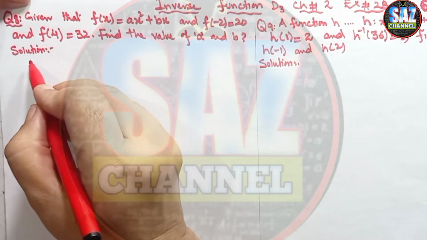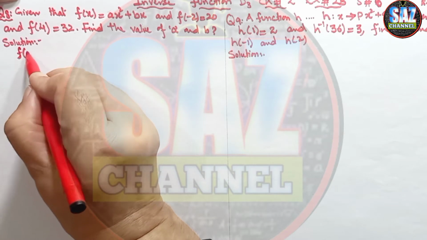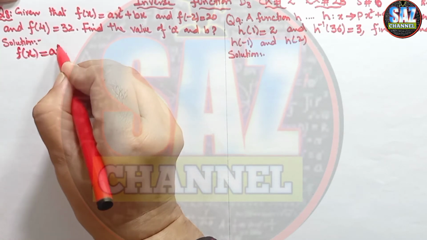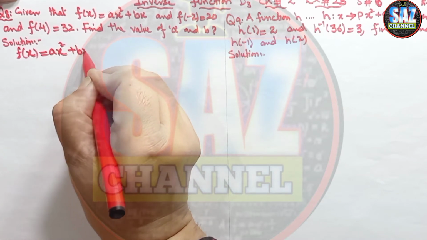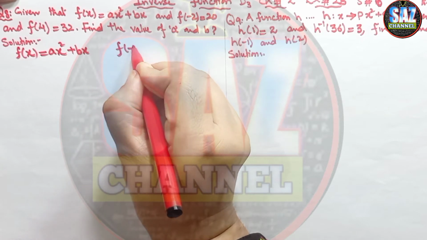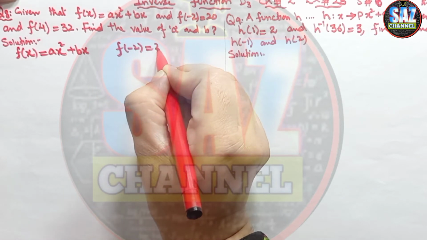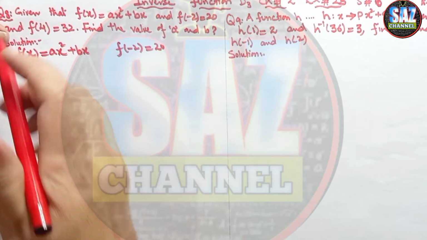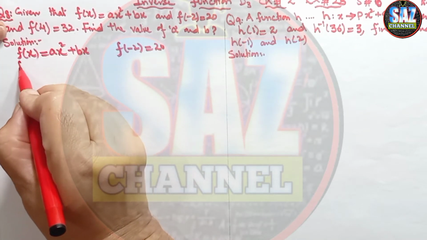Given function is f of x equals ax square plus bx, and the given first condition is f of minus 2 equals 20. It means that instead of the variable, I have to replace minus 2.